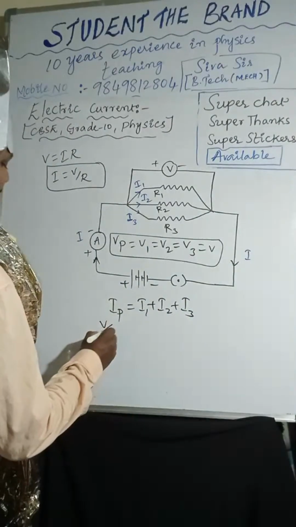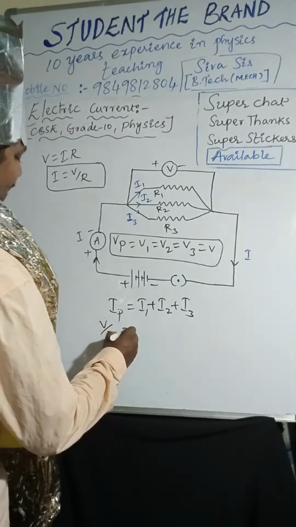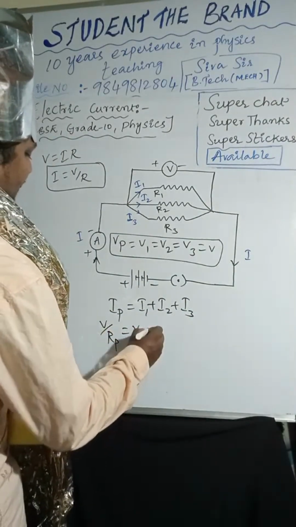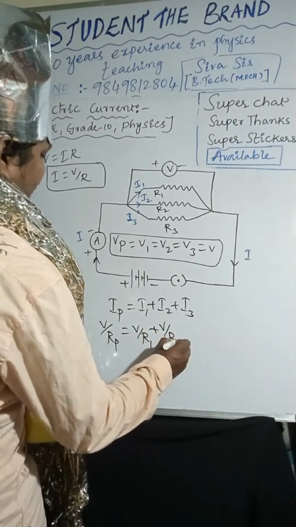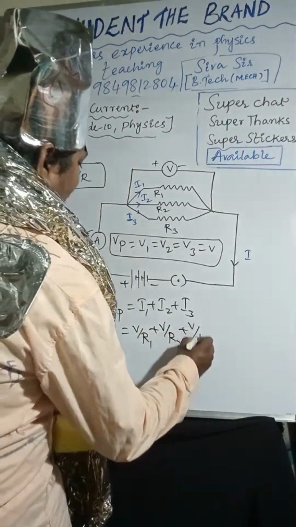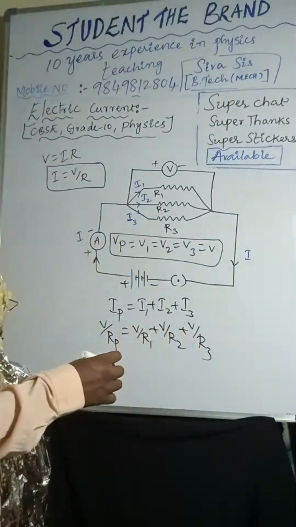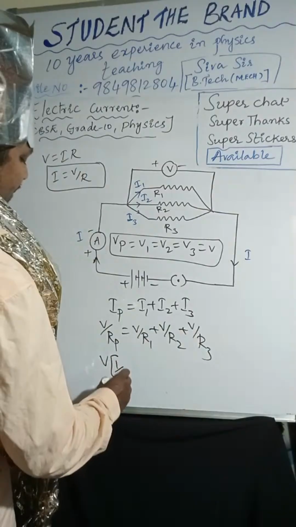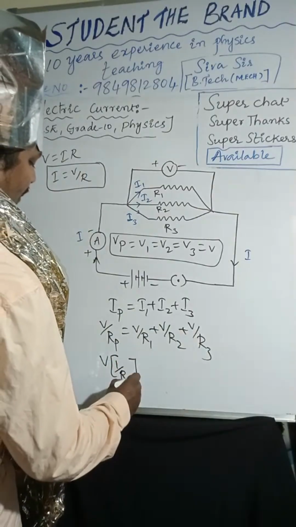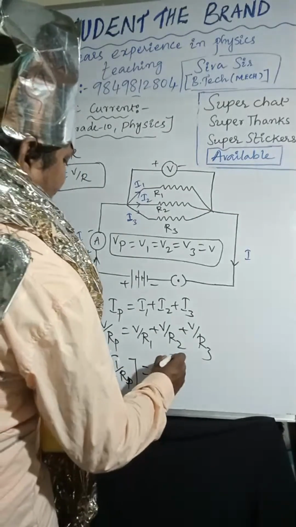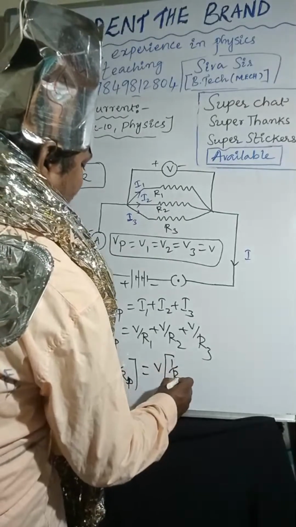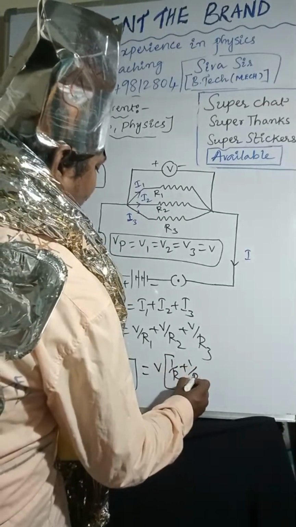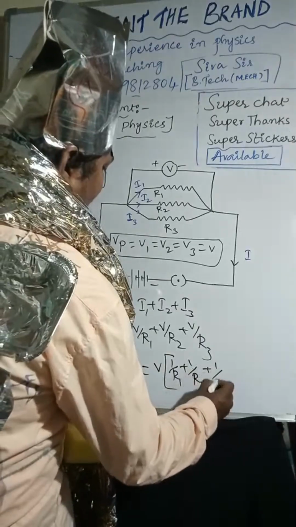So V by Rp equal to V by R1 plus V by R2 plus V by R3. Now we take V common. If you take V common, the remaining value is 1 by Rp equal to 1 by R1 plus 1 by R2 plus 1 by R3.